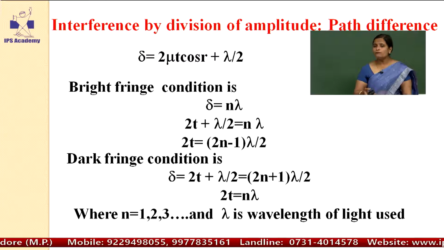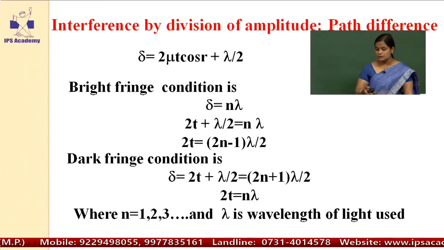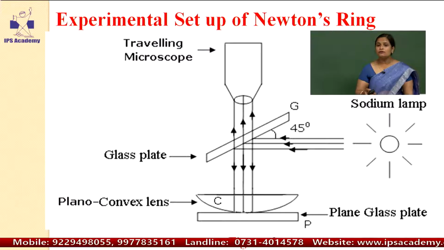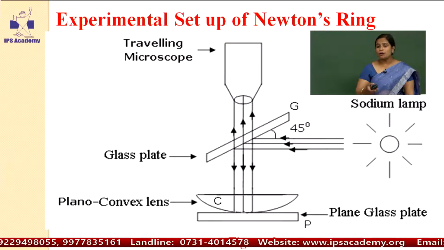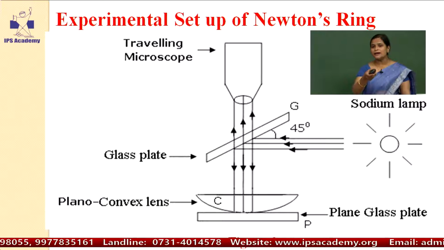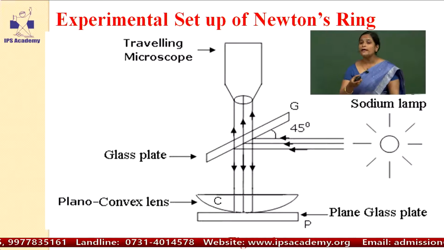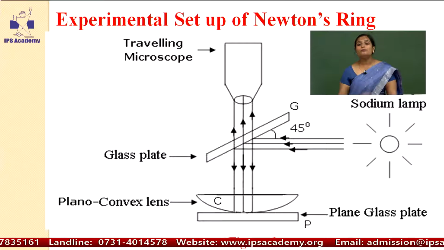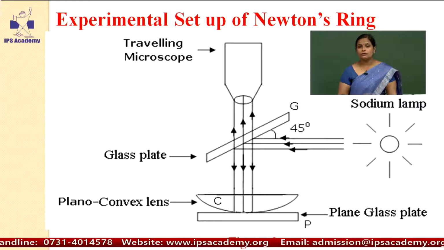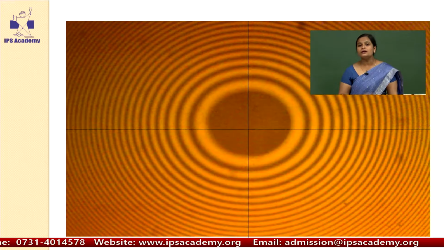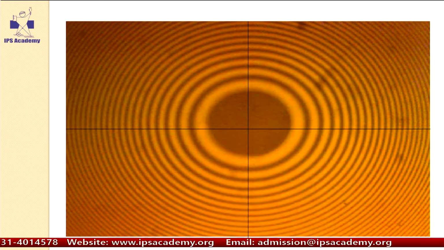At the point of contact, the value of t is 0. Hence, we will observe the dark fringe at the center, because you can see in this figure that at the point of contact of the plano-convex lens and the plane glass plate, the value of t is 0.